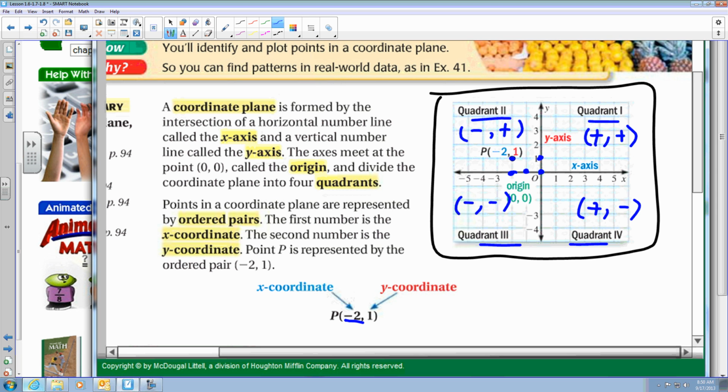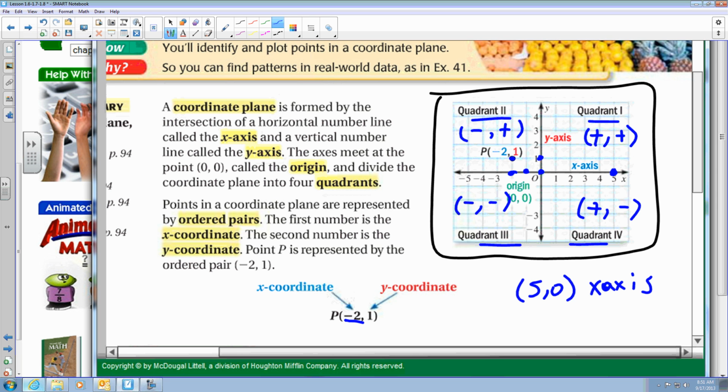So let's say I have a point that's right here. That point is 5, 0. Okay? That one is located on the x-axis. The reason why it's located on the x-axis is because our y-coordinate is 0.